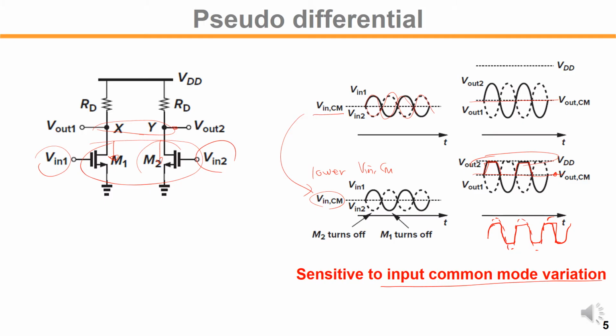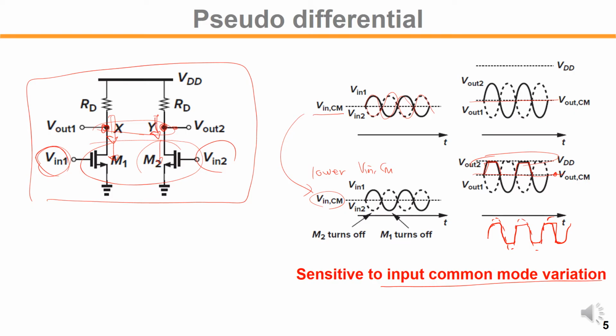So there should be some way to overcome this issue. People tried to come up with an idea to overcome this input common mode sensitivity. Our goal is to design a circuit that doesn't impact the output level, meaning the output common mode level, meaning the current must be fixed.